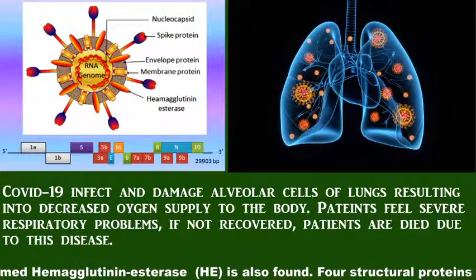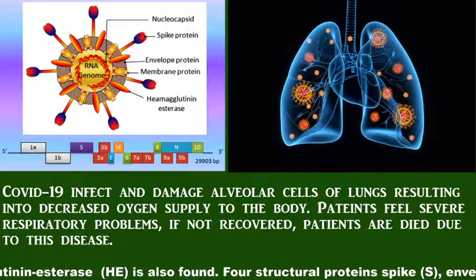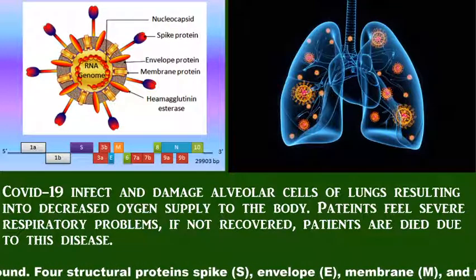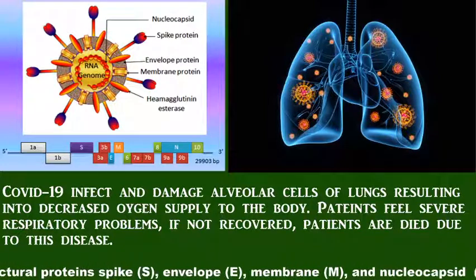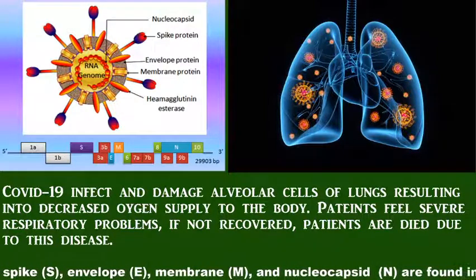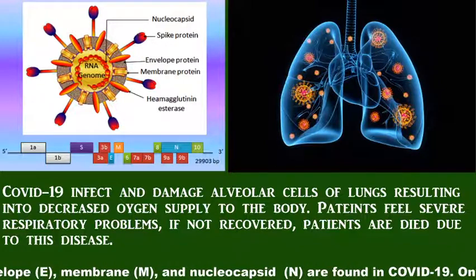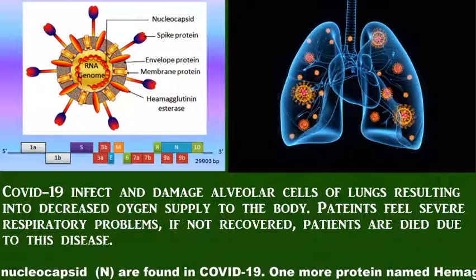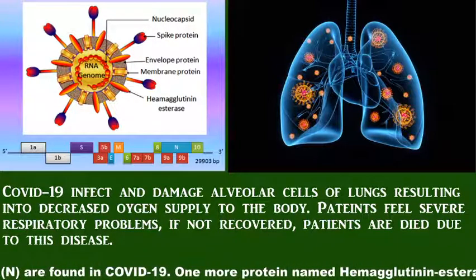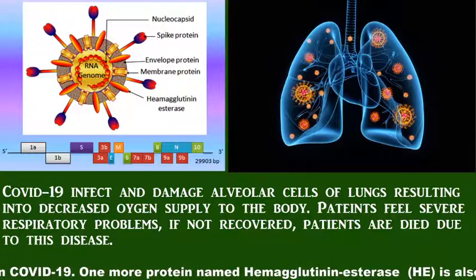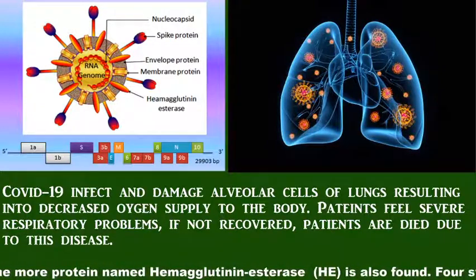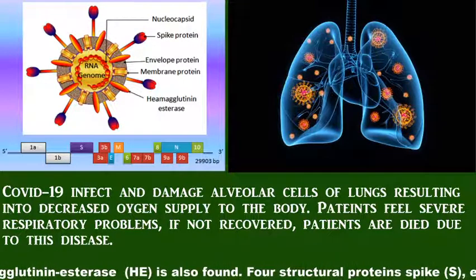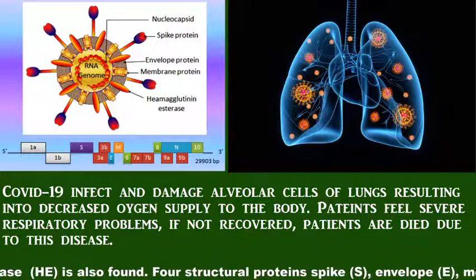And this RNA virus contains a spike protein which is protruding from the main body of the virus, outside the virus. What is a spike protein? A spike protein is a structural protein located on the surface of this viral particle, which has affinity to get attached with the host cell.